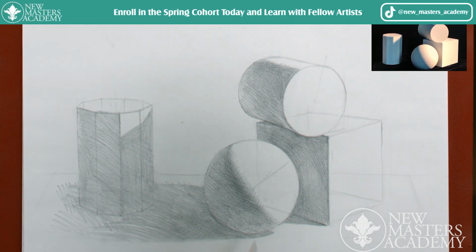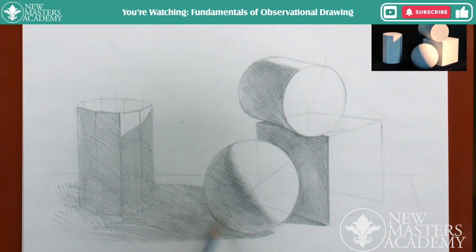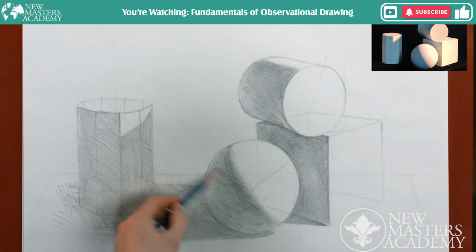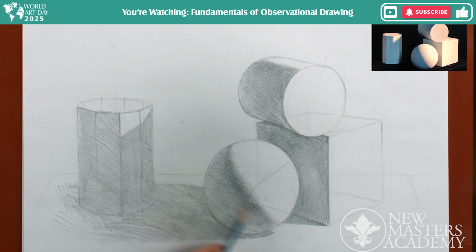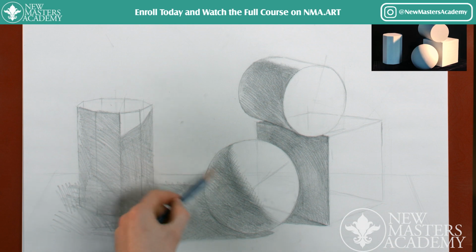And we're going to be talking a lot more about that sort of emphasis of objects and parts of objects that are closer to us as the viewer and those that are farther away during the entire course.